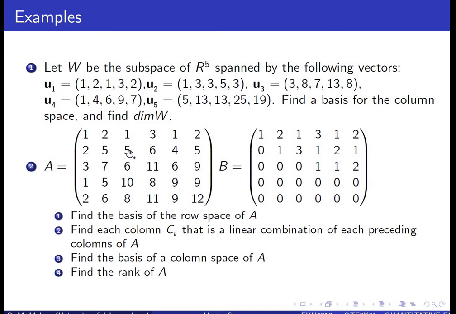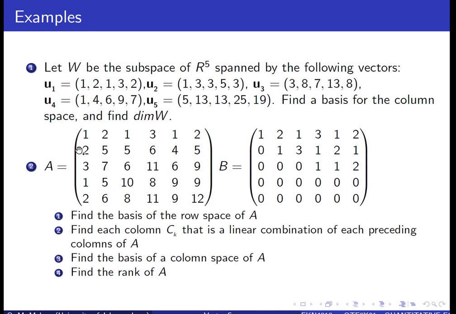So such columns will be C3, right? C4 as well as C5. They correspond to the original matrix. Now we need to find the basis of the column space of A. The basis of the column space of A are all the columns that correspond with the pivot columns in the reduced matrix in echelon form.